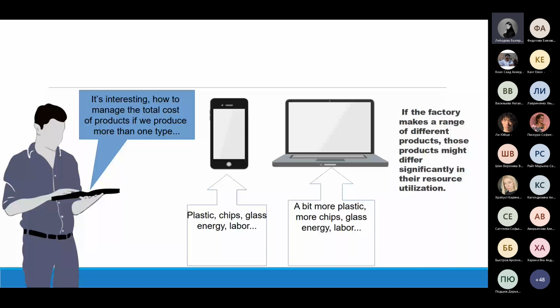If the factory makes a range of different products, those products might differ significantly in resource utilization, and we need some indicator to understand the correct split of those costs and the correct method to assign indirect expenses to a specified type of product. The cost driver idea supports this process.